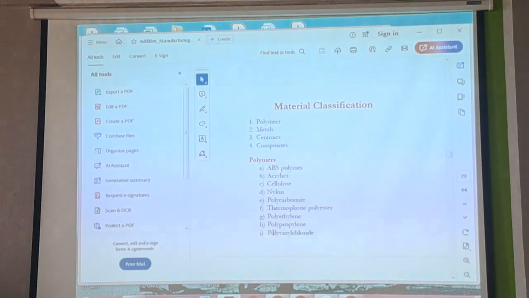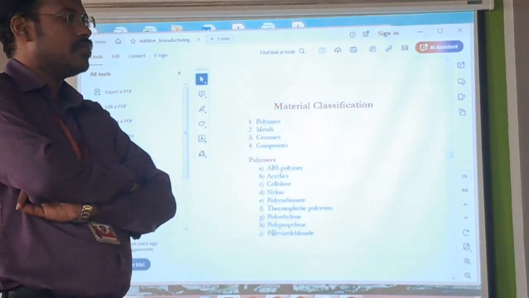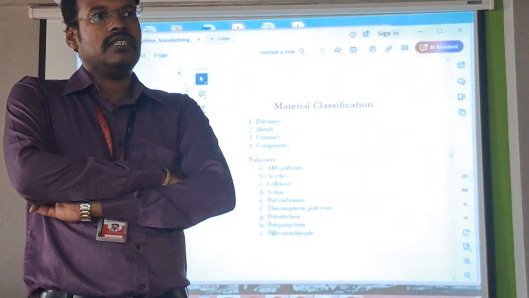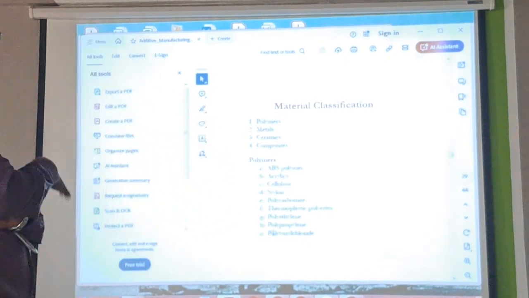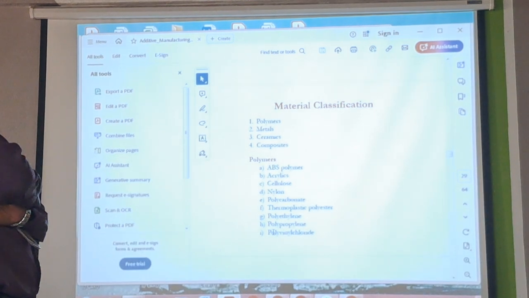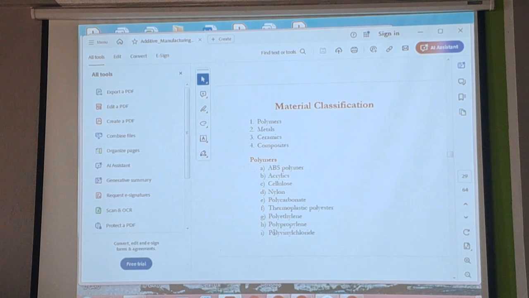Next, you already know about engineering materials. All engineers should know about engineering materials. Now, in the recent scenario, what are the materials we can print with the help of a 3D printer? Like engineering materials, we have a number of materials for the additive manufacturing process. First, polymers. Polymer-type materials we can print with the help of 3D printers.